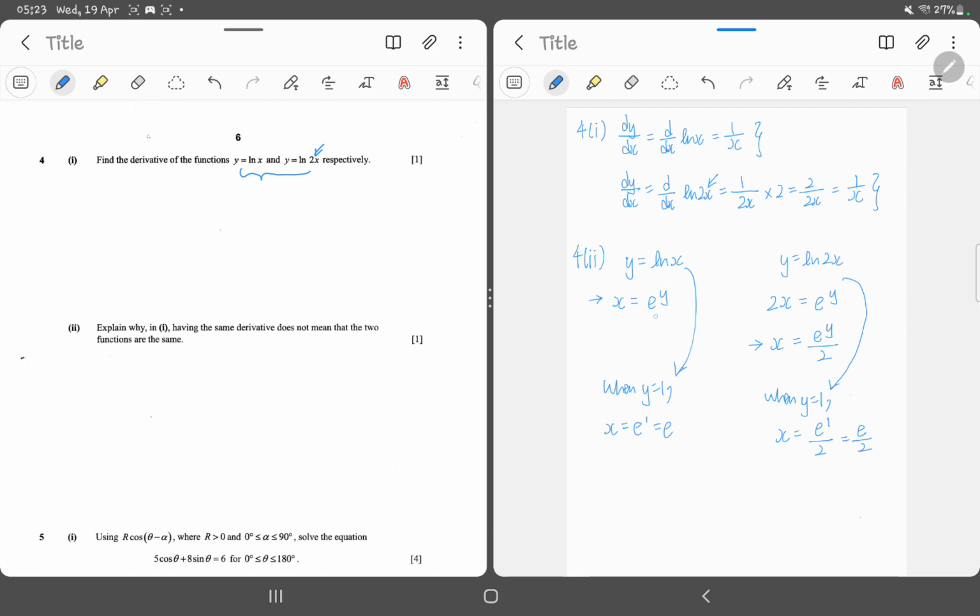And very clearly you can see that the two of them are different functions. So that's why the two functions are not the same. And we are done with question number 4.